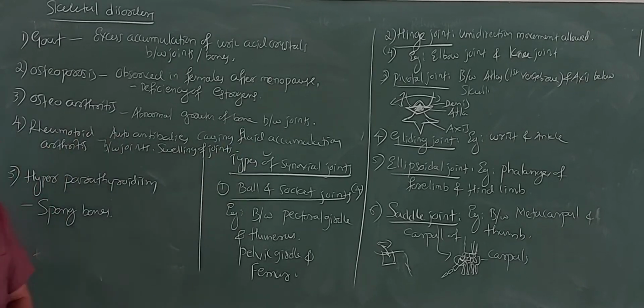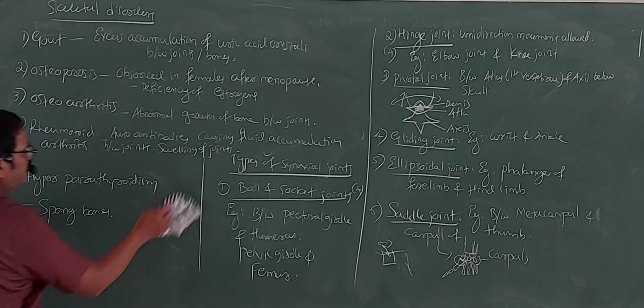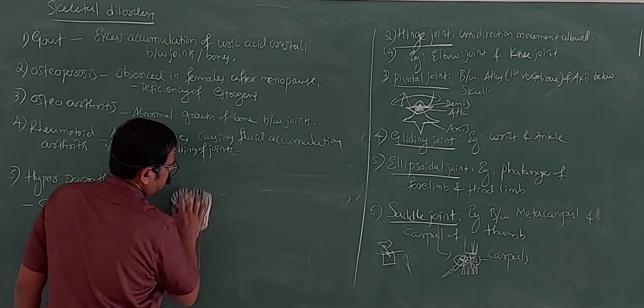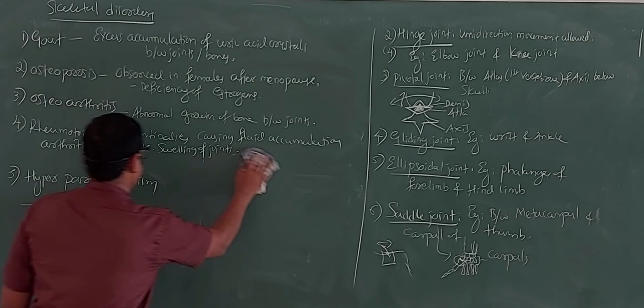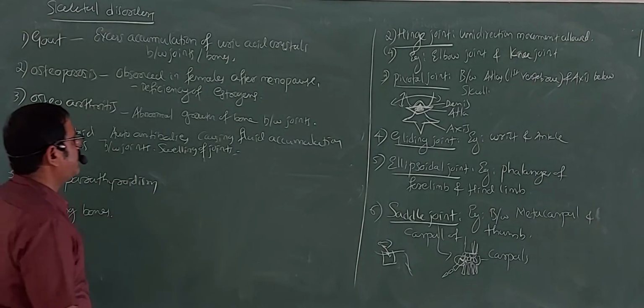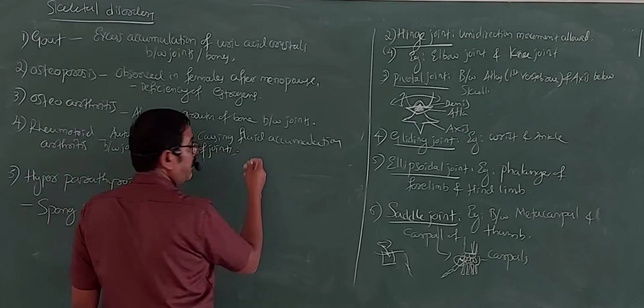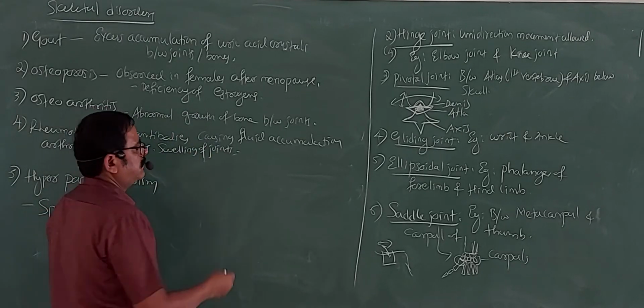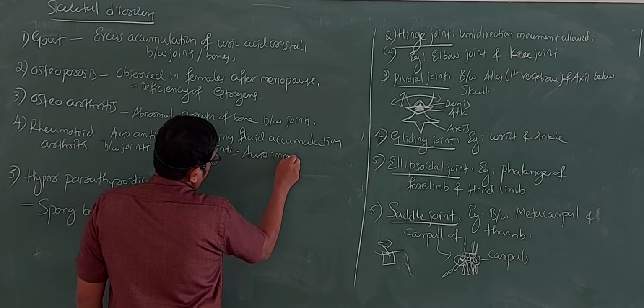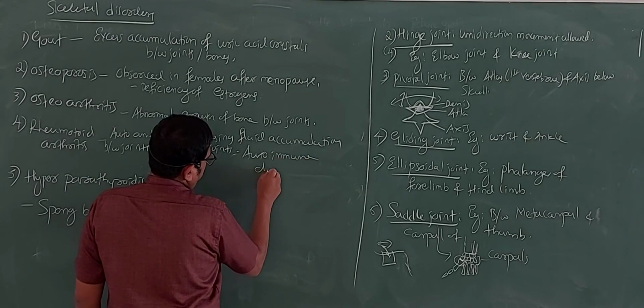This is what we say about rheumatoid arthritis. It is due to a kind of autoimmune disorder, which means antibodies are formed against our own body cells. So we call it an autoimmune disorder.